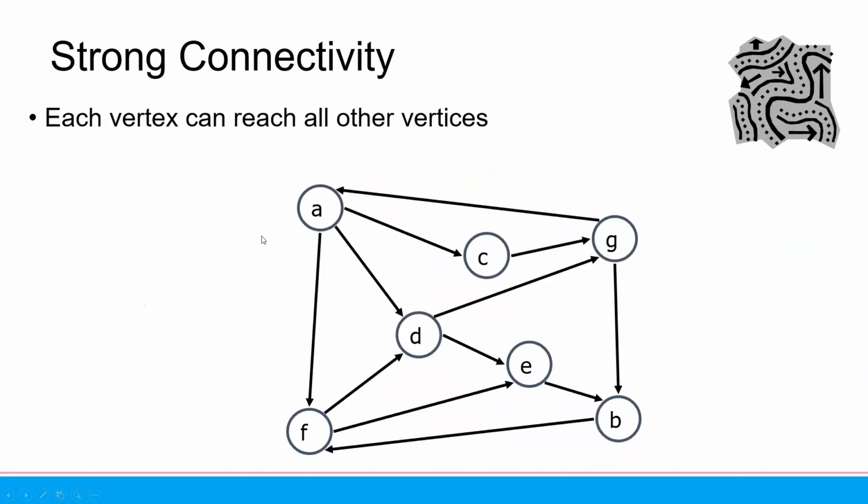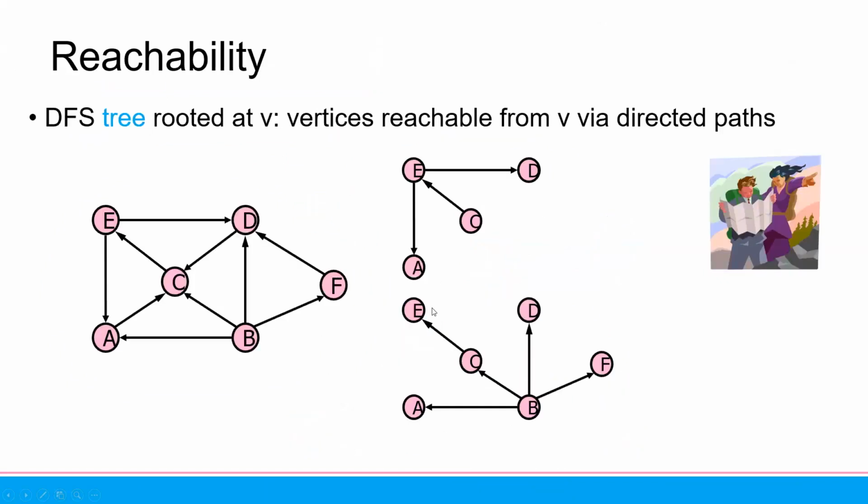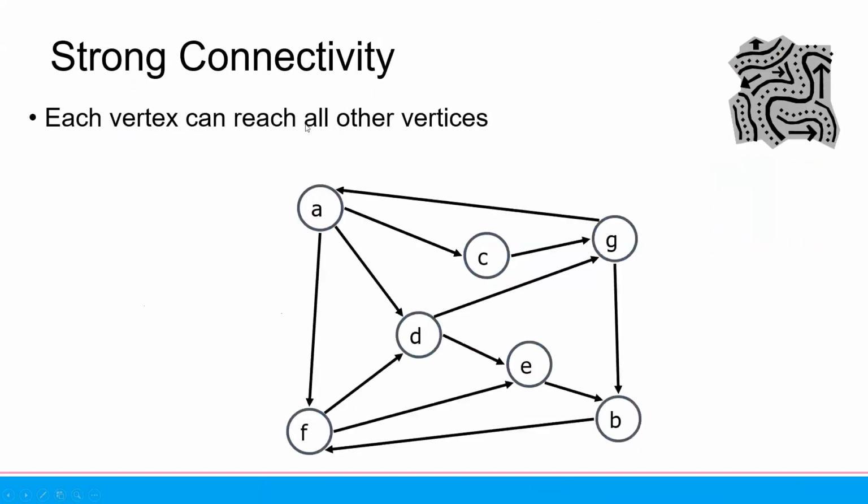There is another term we call strong connectivity. Strong connectivity means each vertex can reach all other vertices. In the previous one, we just wanted to know whether a vertex V is reachable or not. We don't care about all the vertices, but with strong connectivity, each vertex can reach all other vertices.